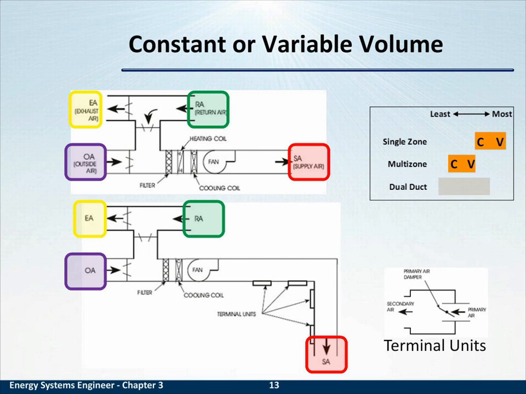There's a difference on the VAV system: the terminal units have the ability to adjust the air volume to different spaces in order to maintain the set point in that space. This ability to adjust air volume but create just one temperature of supply air does offer energy savings. That's why you see variable air volume, in either single or multi-zone, as a more efficient control system than constant air volume.